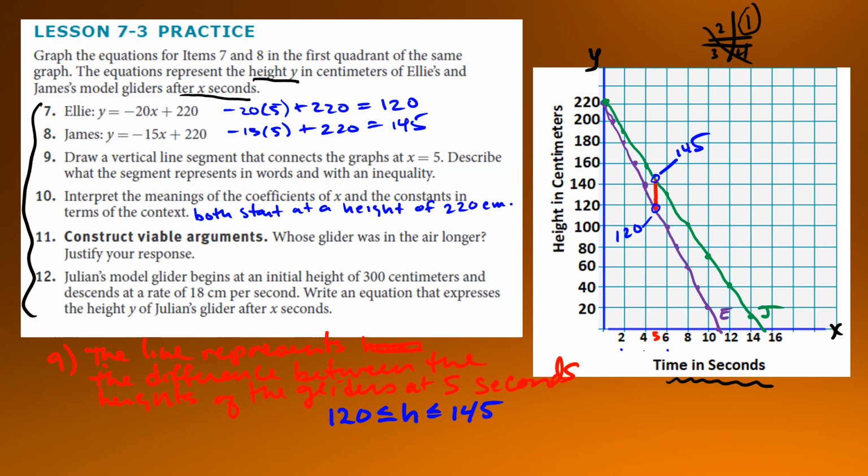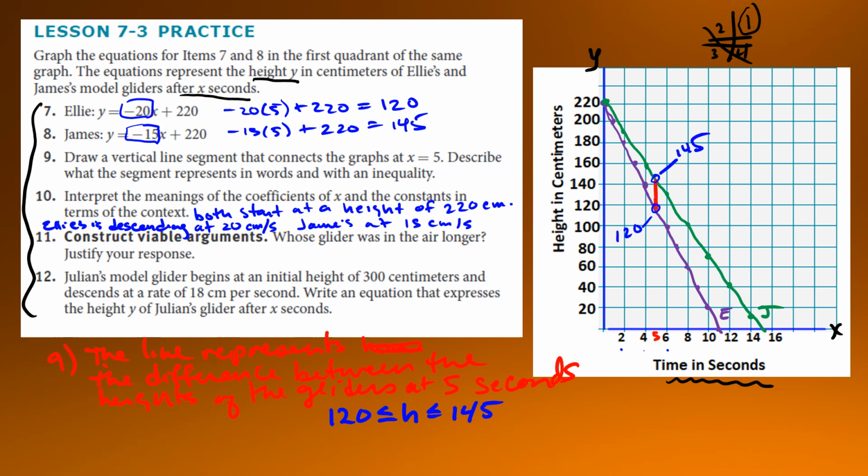And Ellie's is descending at 20 centimeters per second, and James's is at 15 centimeters per second. So they're descending, and that's why their slopes are negative numbers. So descending 15 centimeters per second and descending 20 centimeters per second.